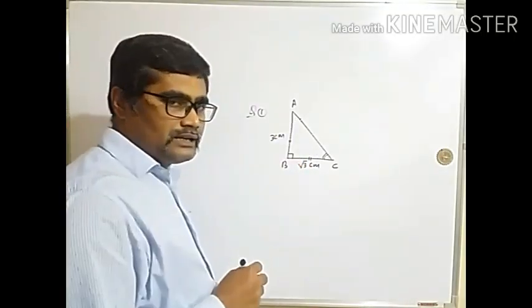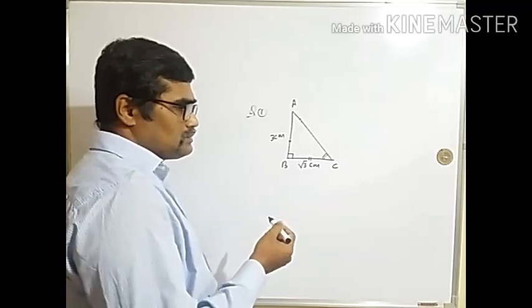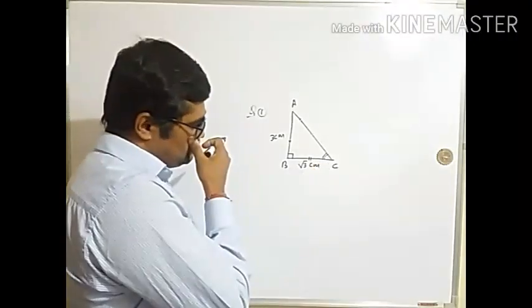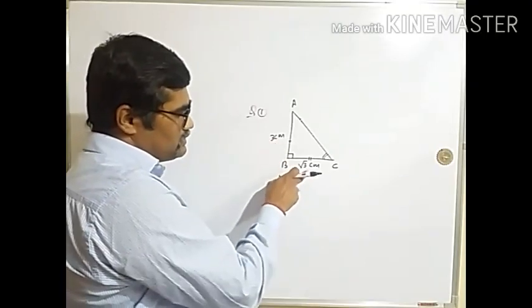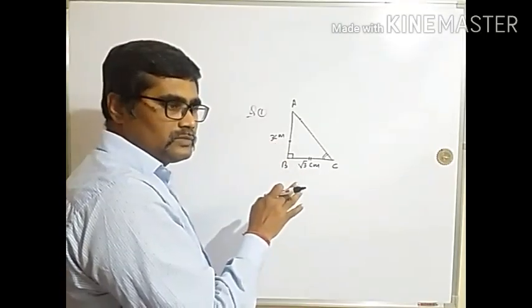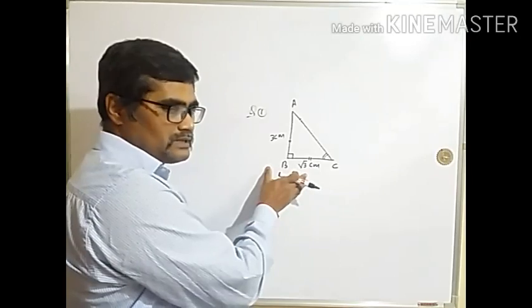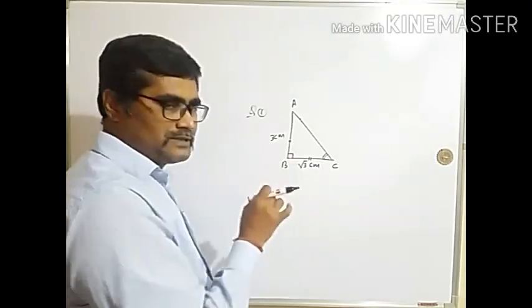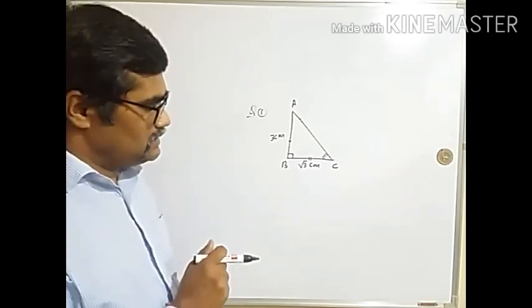So if I need angle C, just try to see for angle C what these two given sides are. That means I am talking about the very first class. Which one is base, which one is perpendicular, which one is hypotenuse?